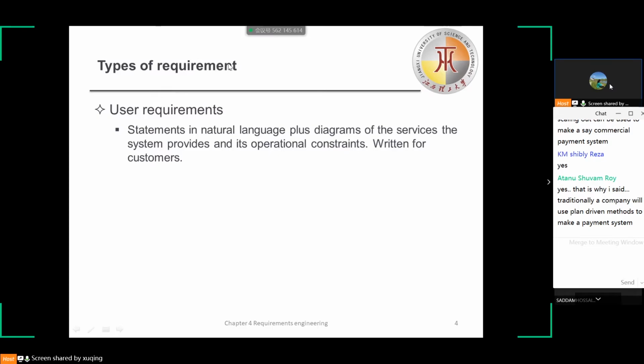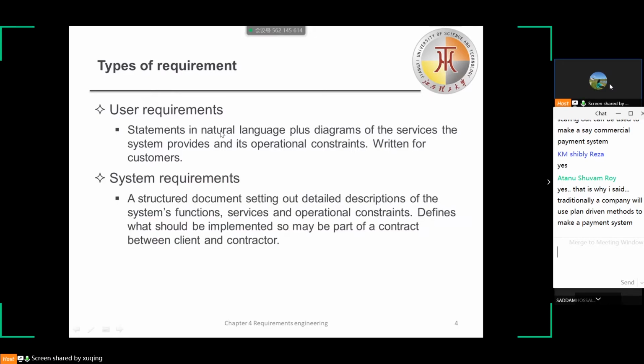As it's for customers, we usually use natural language plus diagrams to facilitate communication with the customers. And we describe what services the system is expected to provide to system users and the constraints under which it must operate. That's why we say user requirements. We use this term to mean high-level abstract requirements.